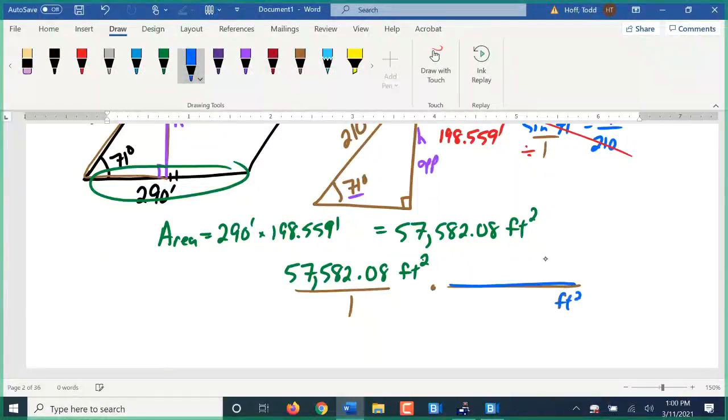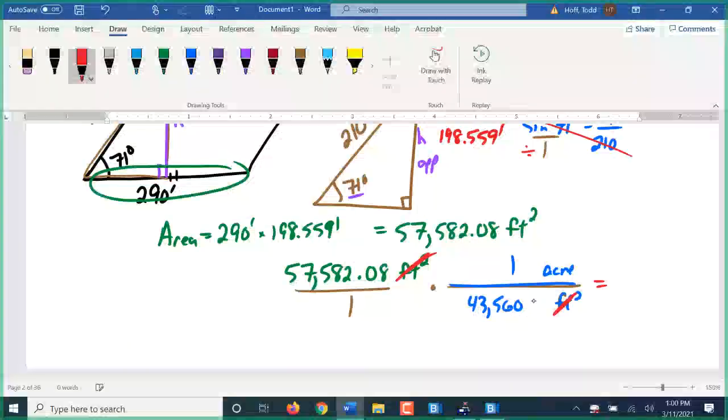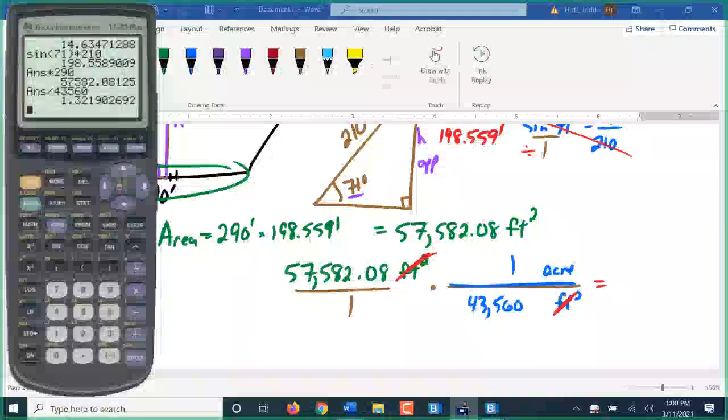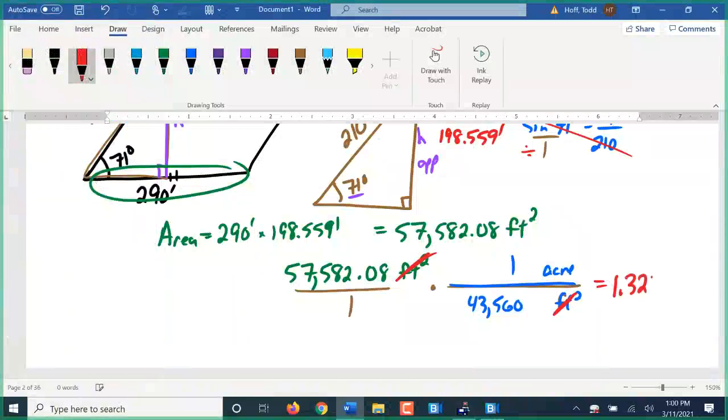Put square feet on the bottom and acres on top. 1 acre is 43,560 square feet. So the square feet cancel out. This is going to end up being divided by 43,560, giving us 1.322 acres. So if that's a city lot, that's actually a pretty healthy sized lot at almost 1 1/3 acres.